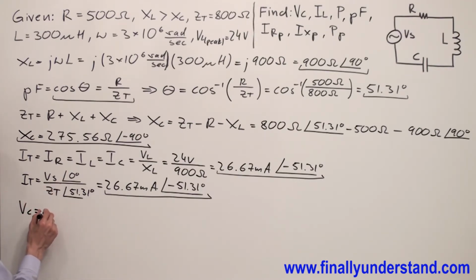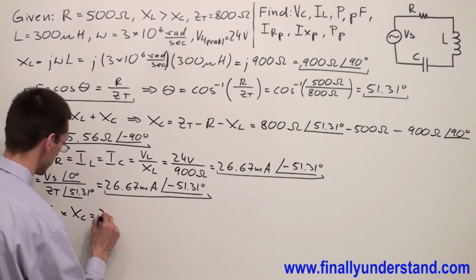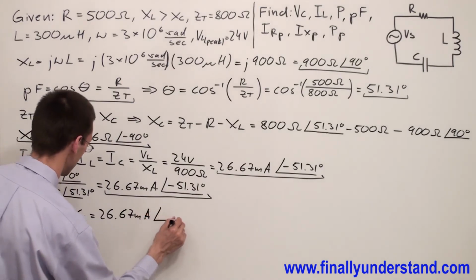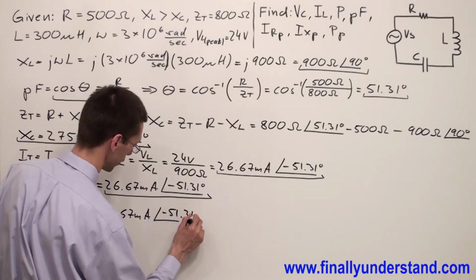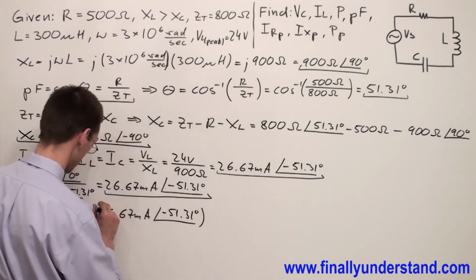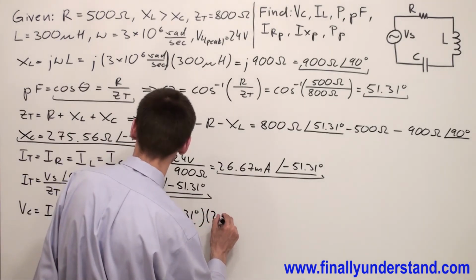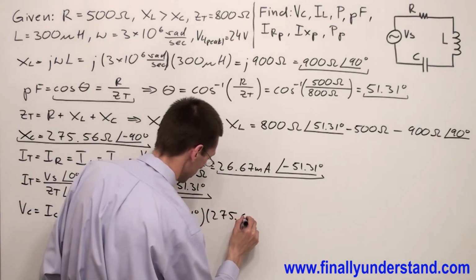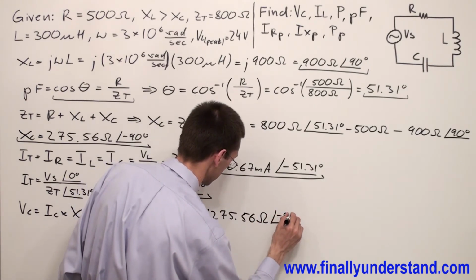VC is equal to IC times X of C, where IC is equal to 26.67 milliamps and angle of negative 51.31 degrees, times X of C, which is equal to 275.56 ohms and angle of negative 90 degrees.